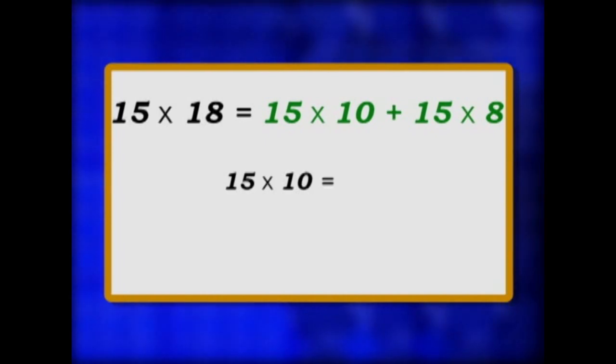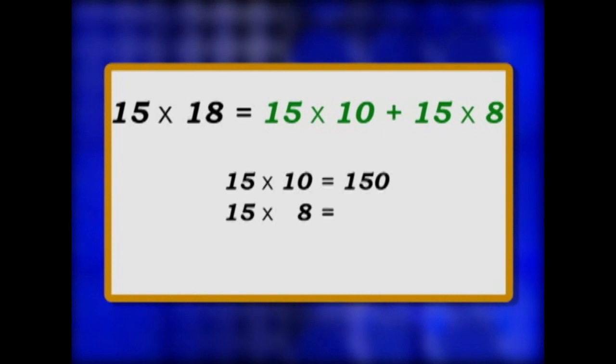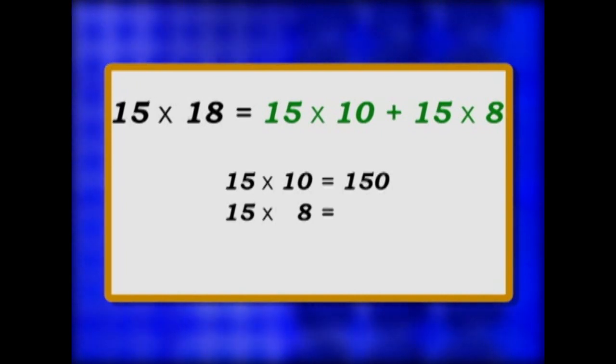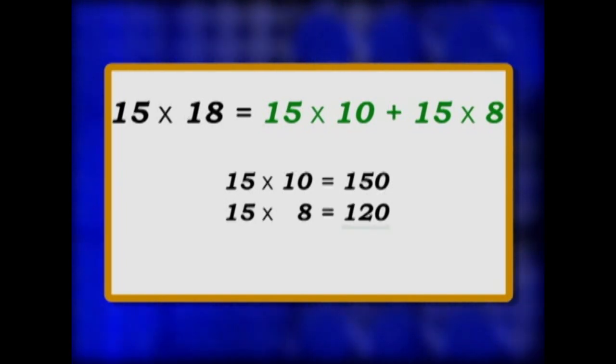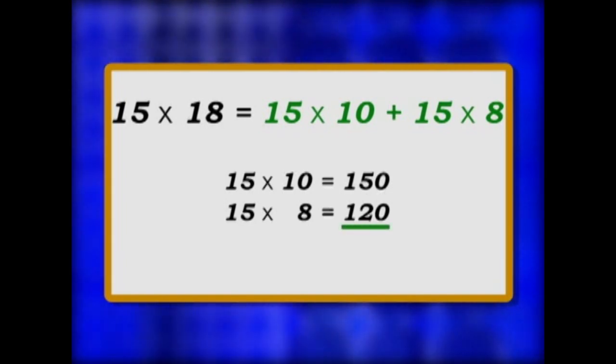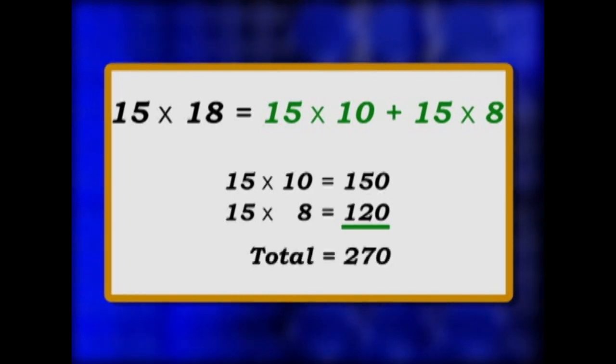We just add a 0, 150. And 15 times 8 is 120. If we add 120 and 150, we get 270.